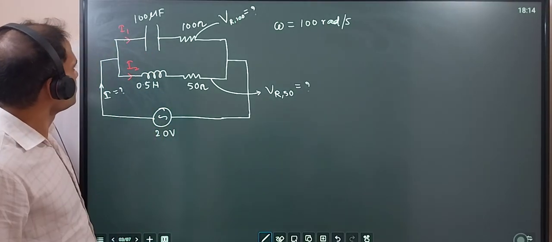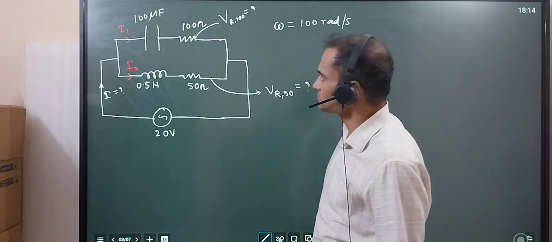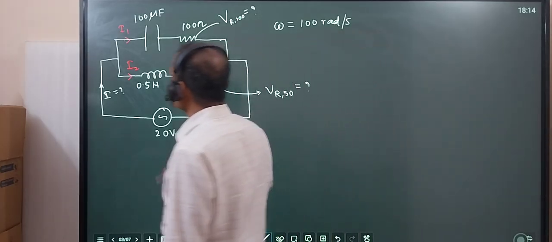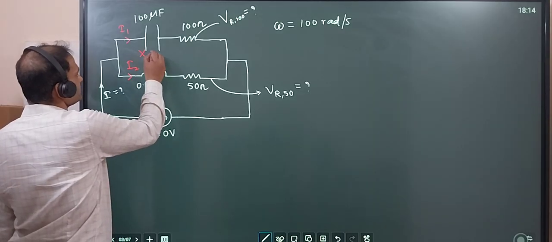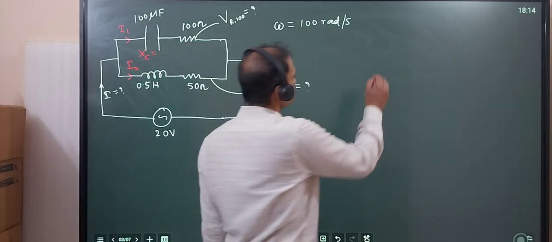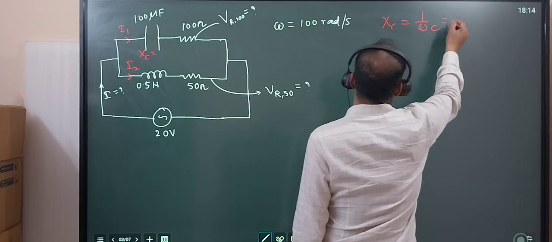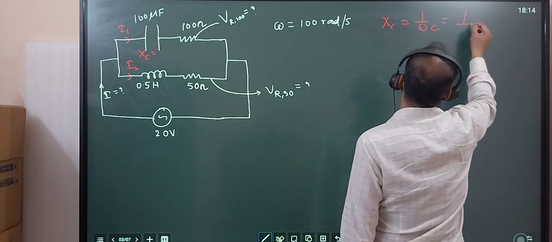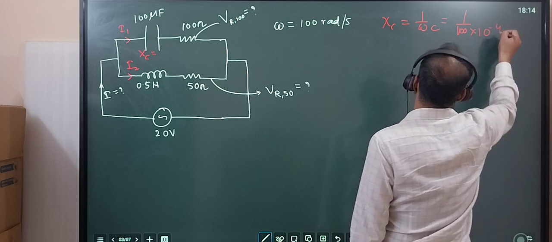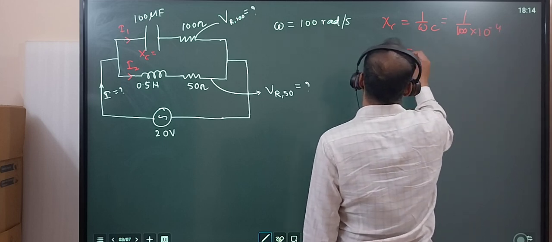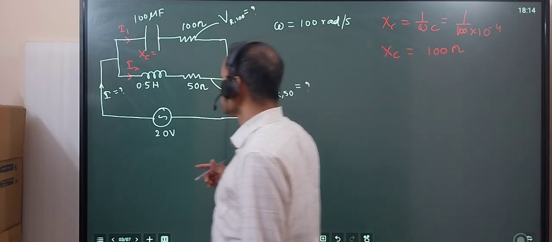So first I am going to find this XC. This XC will be 1 by omega C. Omega value is given already as 100 and C value is 10 to the power minus 4. So XC is 100 ohm. Okay, so we have good news.